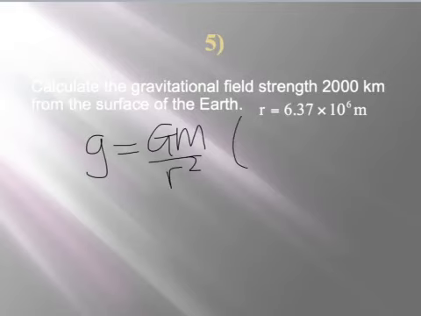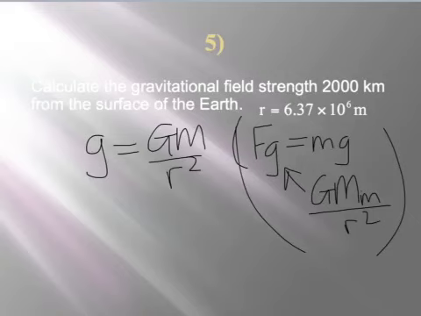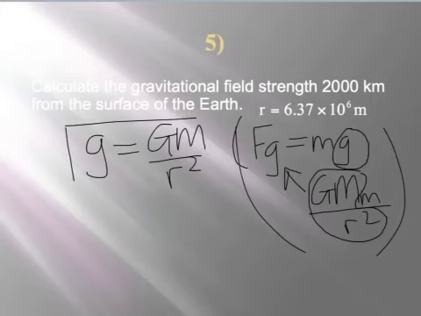Don't forget this comes simply from thinking about Fg, the gravitational force, as mg, and since we also know that an expression for that is big G big M small m over R squared, it's pretty easy to put that in brackets. Straightforward, hopefully, for you to see that this part of that must be the same as small g. So if you ever forget this little expression here, it's fairly easy to derive again.